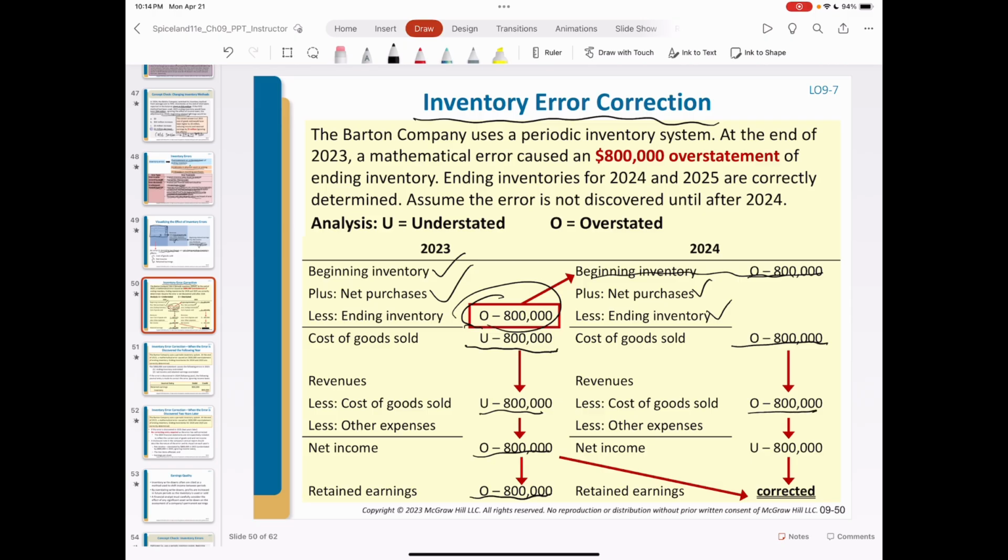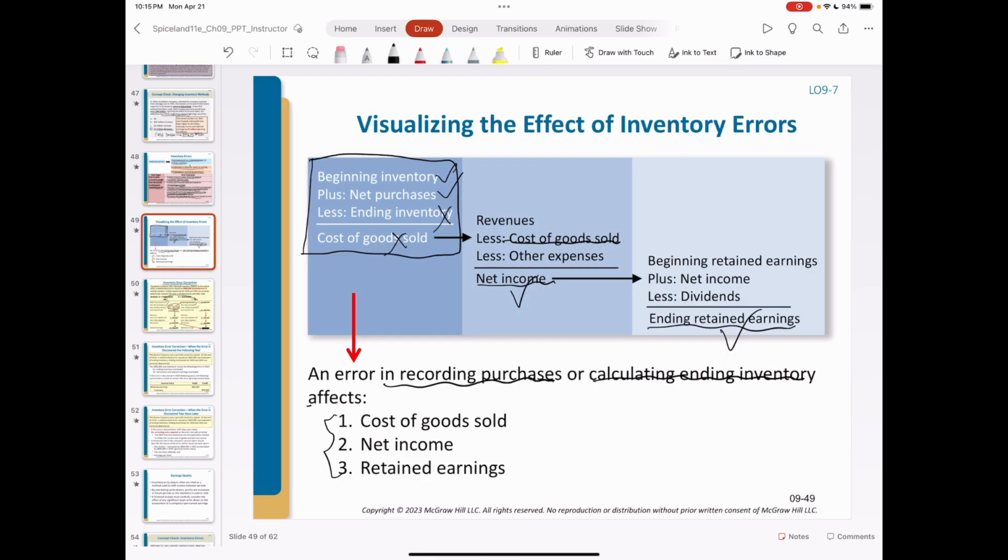Cost of goods sold overstatement will result in understatement in the earnings. And finally, the retained earnings will be understated. Over the two-year window, the error is actually self-corrected. The reason is this equation.